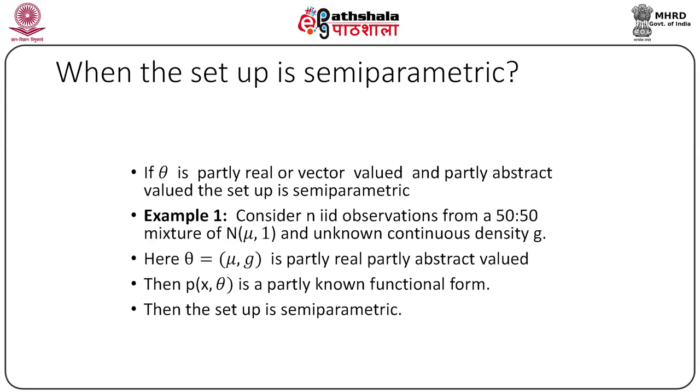So P_theta, the joint density function, is partly known and partly unknown. Here theta, the unknown quantity, contains mu and g. Therefore theta is partly abstract valued and partly real valued.